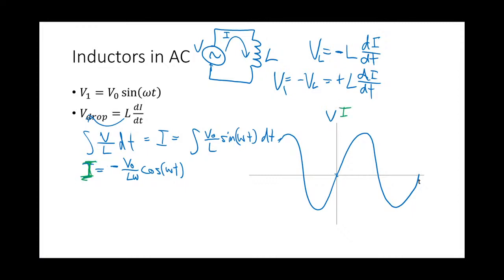And I now has a negative cosine, so it starts out here, goes to 0 here, and gets the peak over here. Again of the same frequency, but it's got a cosine, and you can see that the peak of the current now is a little bit in front of the peak of the voltage.